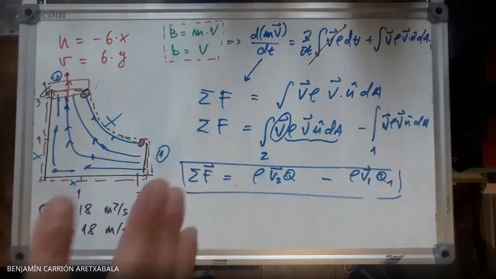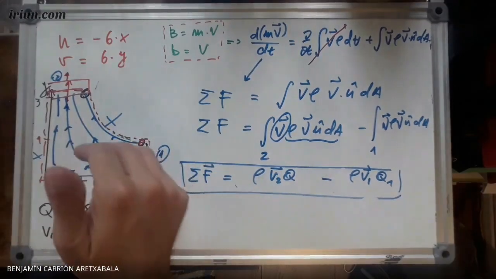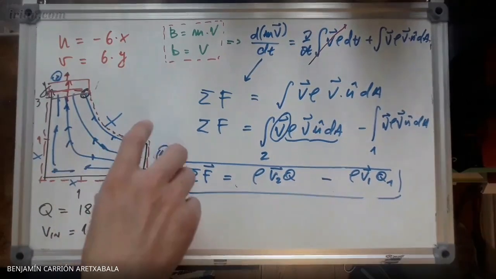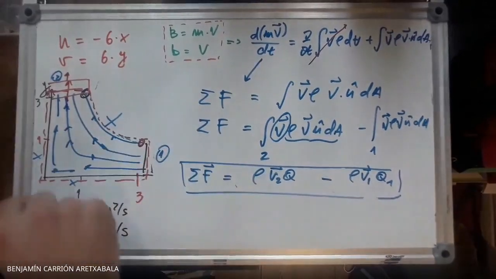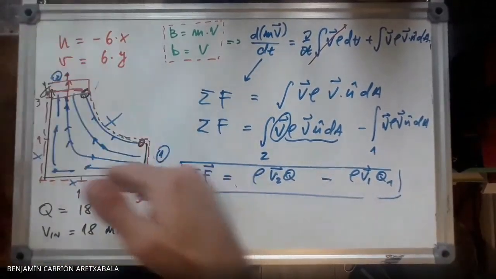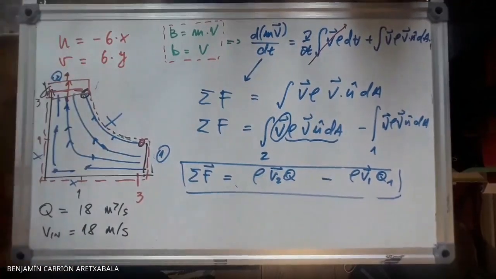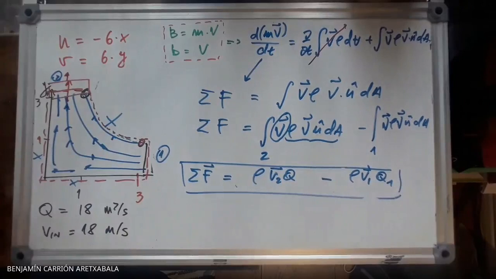Now, intuitively, where do you think this is going to create a force? Basically, if you have a piece of metal with this shape and you put water in it, and the water bends this way, where do you think the piece of metal is going to move? Can you see it?